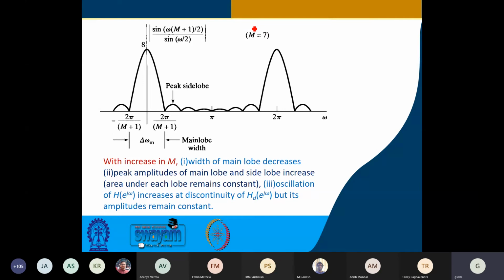What is your observation? Something has been mentioned here. So we are plotting the magnitude, right?